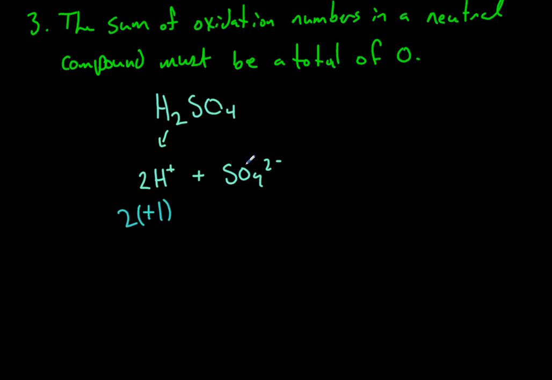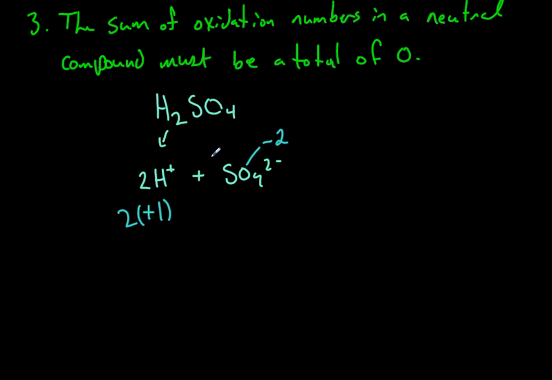So in a minute we're going to learn something about oxygen, but I'm going to skip ahead. Oxygen will always have an oxidation number, or almost always, of -2. Now we have 4 of them in total. So 4 oxygens. That must mean 4 times -2 is -8. But we have 2 left over.